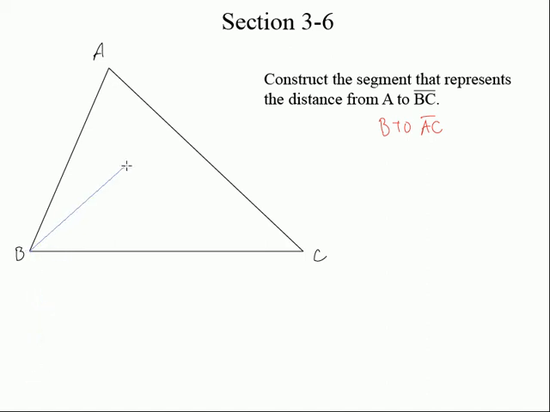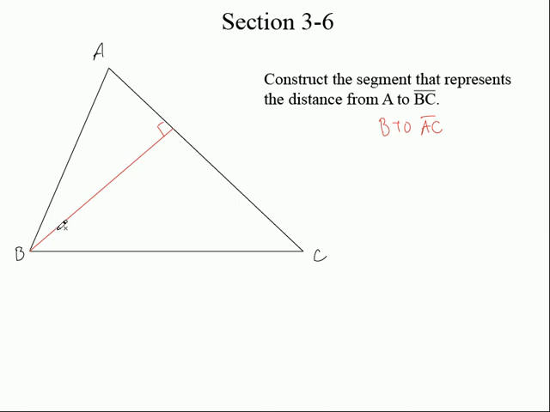No. Don't say straight across. Say I make a line segment that's what to line segment AC? Perpendicular. That right there would be your answer. And that's it. There's no math involved. There's no adding or subtracting or anything like that. All it is just drawing.